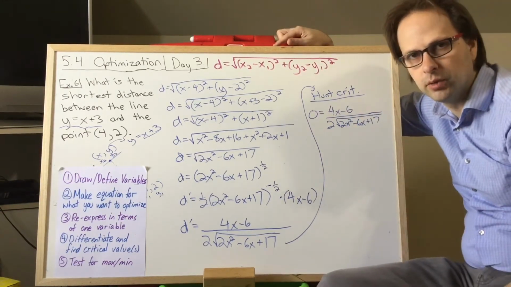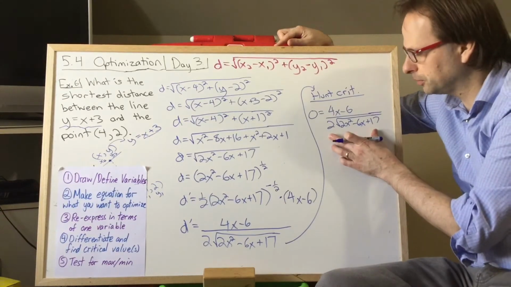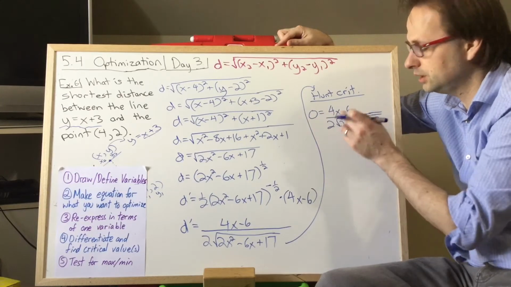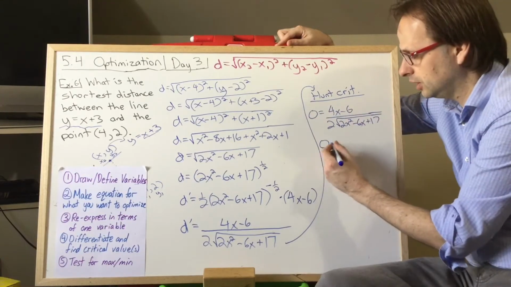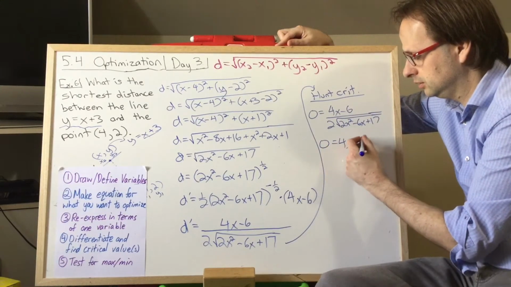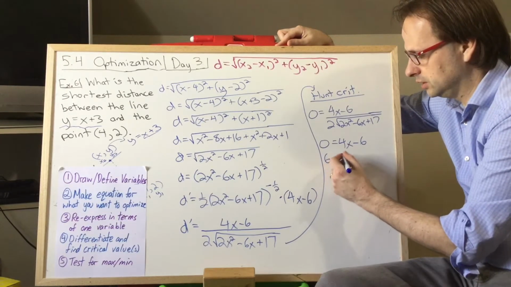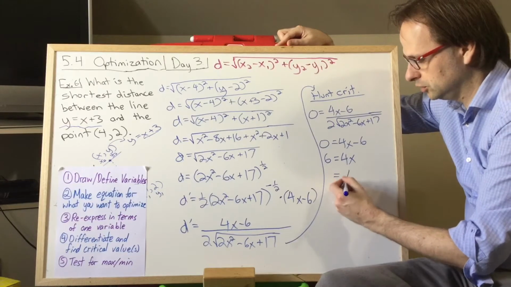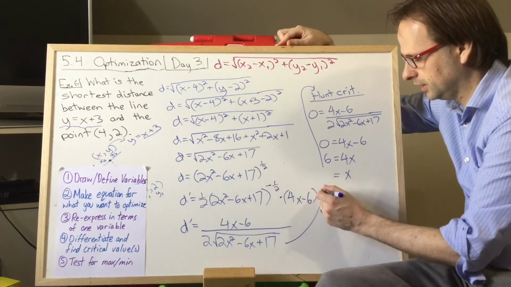That looks like a difficult equation, but remember, you can just multiply both sides by this denominator, and you'll get 0 on this side, and you'll be left with just 4x minus 6 on the other side. And we continue to solve. We get 6 equals 4x, or x is 3 over 2, or we could call it 1.5.